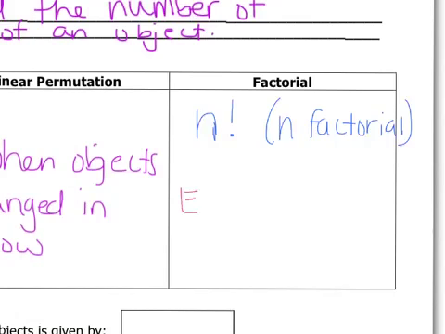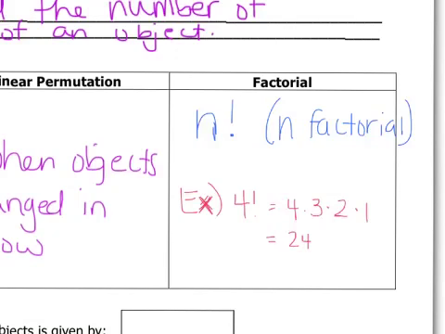So for example, let's say we have 4 factorial. This would mean 4 times 3 times 2 times 1, which is 24.